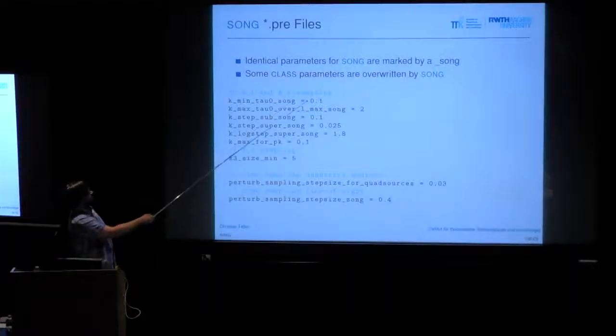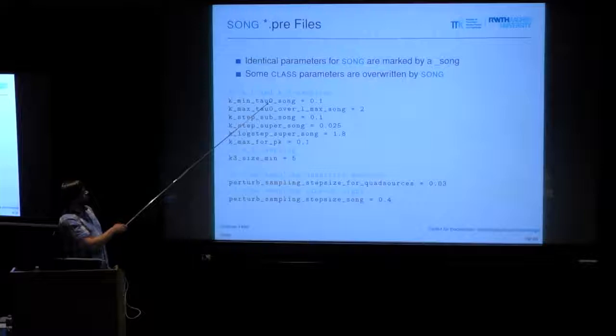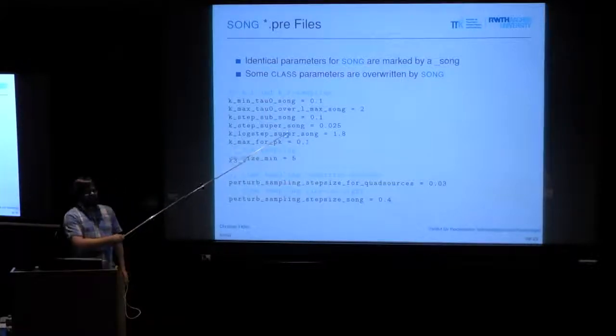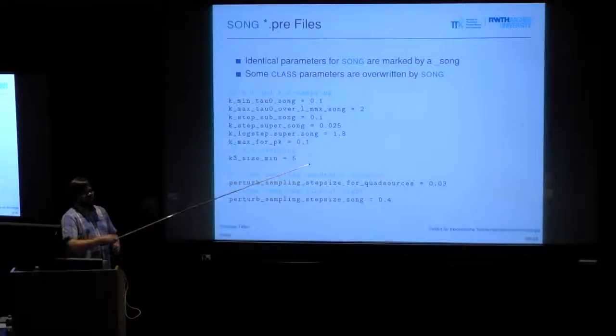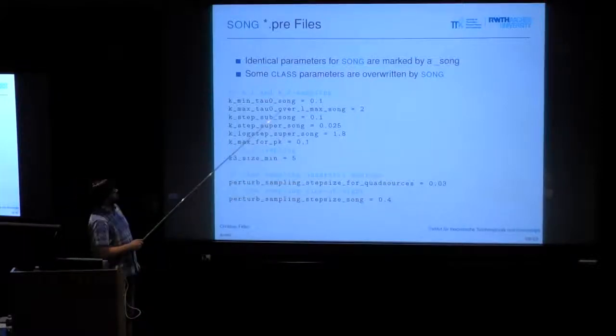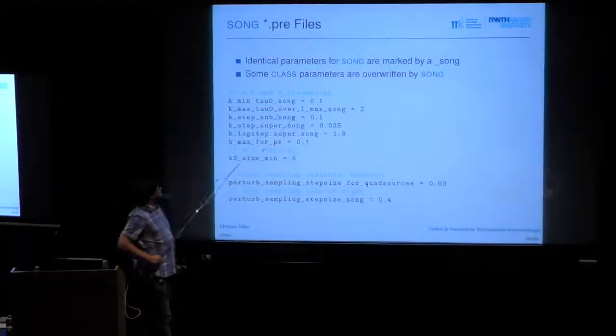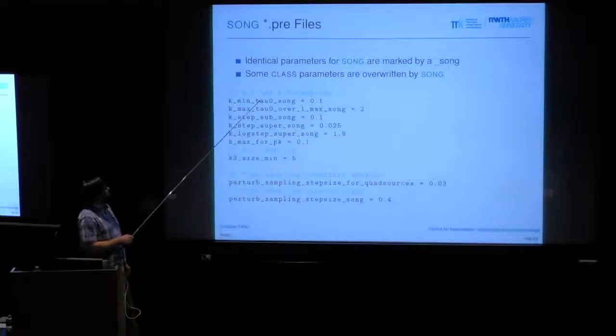First, you specify your K-min in relation to tau 0. You specify your K-max in relation to tau 0 over Lmax. This is simply because if your Lmax is larger, of course your K-max also needs to be larger to make sense. So you always want to keep the K-max in relation to Lmax fixed.